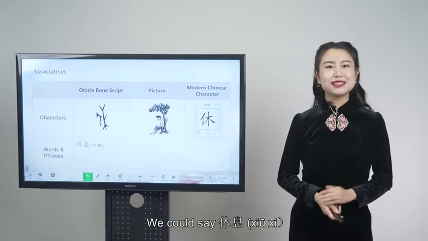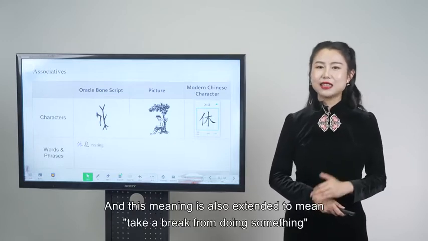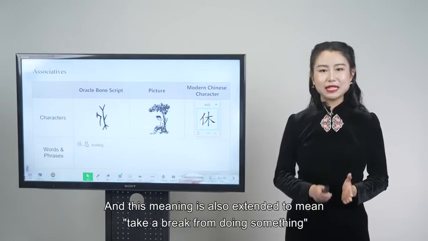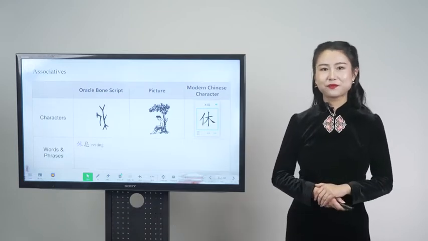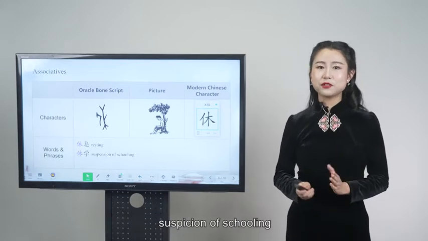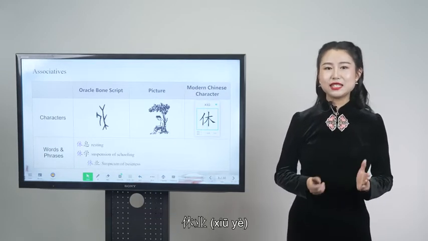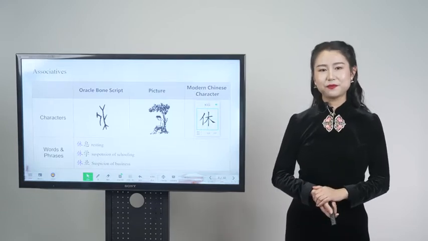We could say 休息, to have a rest. And this meaning is also extended to mean take a break from doing something. For example, 休学, suspension of schooling. 休业, suspension of business.